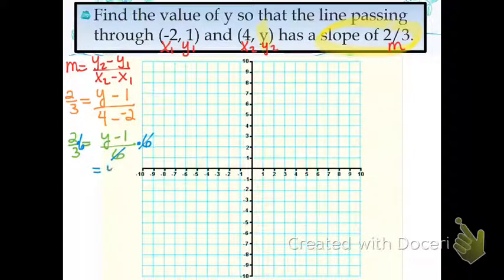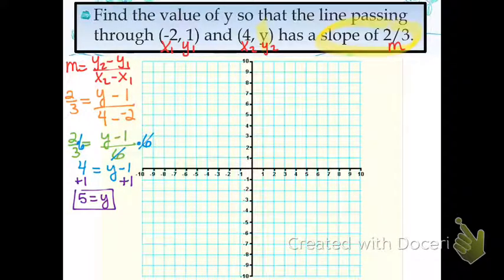They're going to cancel each other out, and then I'll just have y minus 1 on the right. On the other side, when I do 2/3 times 6, I get 4, and then I'll add 1 to both sides, and I will get that y is 5.